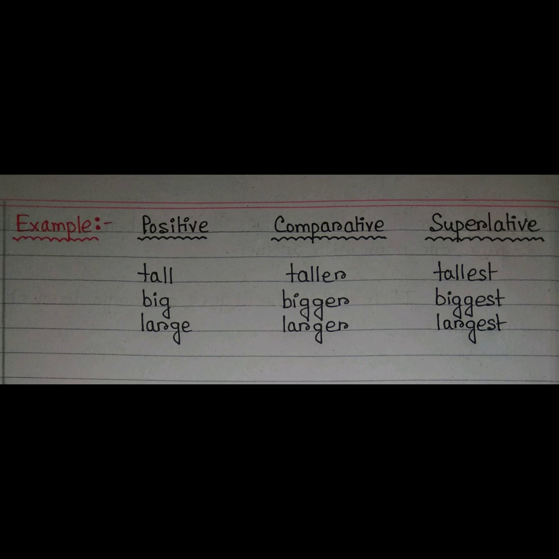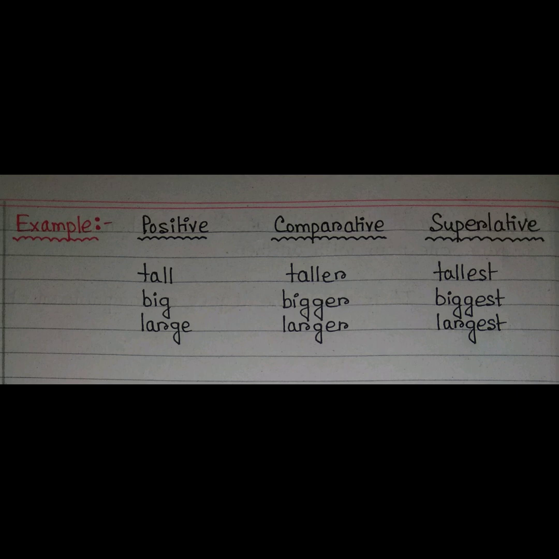Ram is taller than Sam. So here are two nouns, Ram and Sam. So I am comparing two persons. Ram is taller than Sam. And Ram is the tallest boy in the classroom.